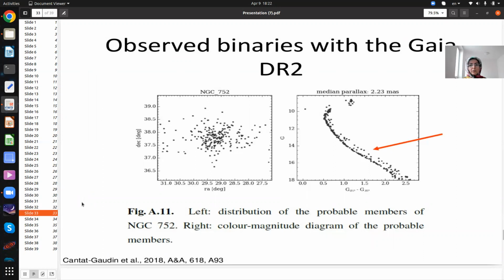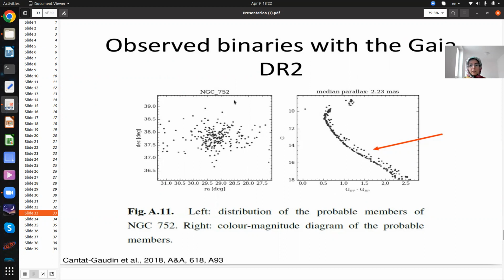And observe binaries with Gaia Data Release 2. On the left, you see the distribution of the probable members of NGC 752. And on the right, you see the color magnitude diagram of the probable members. You see we have the main sequence and there are binaries, which are parallel to the main sequence.